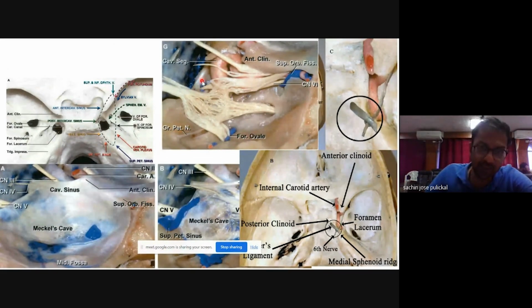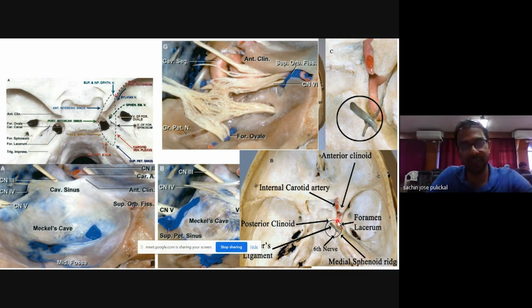So the sixth nerve enters into the cavernous sinus through Dorello's canal along the posterior wall of the cavernous sinus. This is the inferior aspect of the posterior wall of the cavernous sinus, where the sixth nerve enters, and it remains lateral to the ICA. There's another picture, an AP view of Gruber's ligament, and the sixth nerve coursing, entering into the supratentorial compartment through Dorello's canal and coursing lateral to the ICA here.